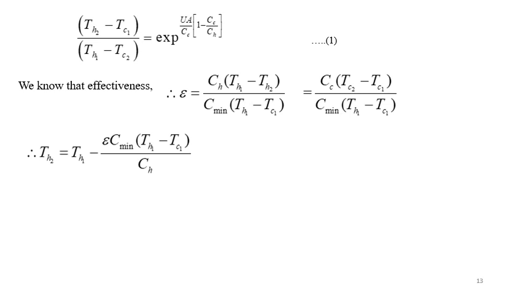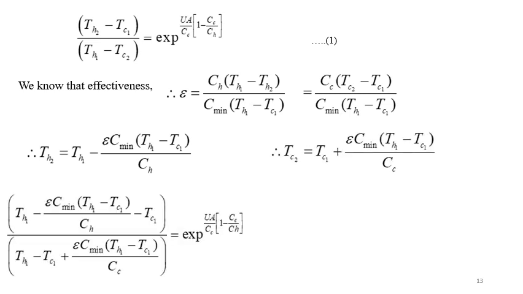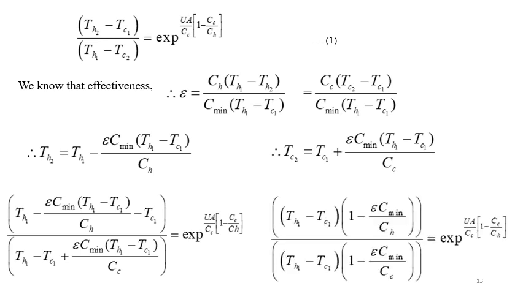Rearranging that, we will get the Th2 equation and the Tc2 equation, and then substituting them into this equation, we get Th1 minus effectiveness into this, and Th1 minus effectiveness into this for the Tc2 value. Simplifying that, we get this equation.